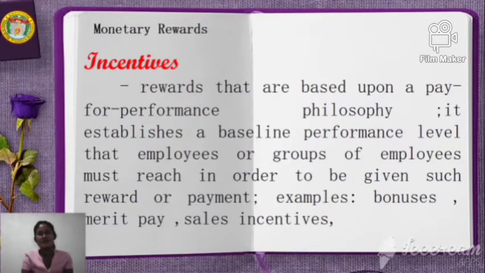What is this incentives? These are rewards that are based upon a pay for performance philosophy. It establishes a baseline performance level that employees or groups of employees must reach in order to be given such reward or payment. Examples are bonuses, merit pay, and sales incentives.